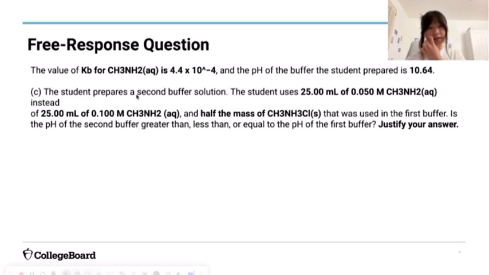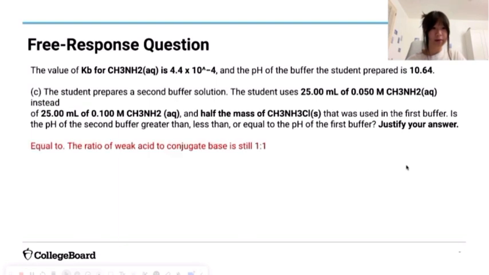Now when the student prepares a second buffer solution, the student uses 25 milliliters of 0.05 molar CH3NH2 instead of 25 milliliters of 0.1 molar CH3NH2, and half the mass of CH3NH3Cl that was used in the first buffer. Is the pH of the second buffer greater than, less than, or equal to the pH of the first buffer? So this would be equal, because the weak base to conjugate acid ratio is still 1 to 1.